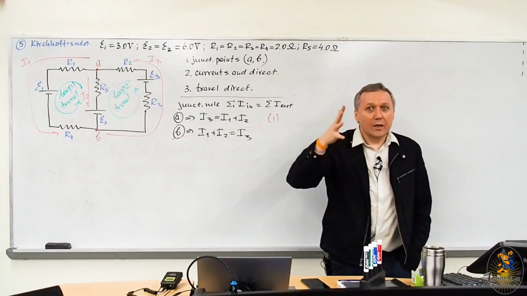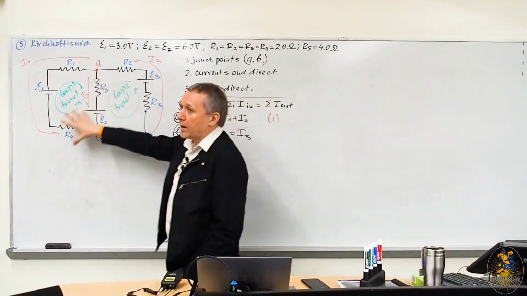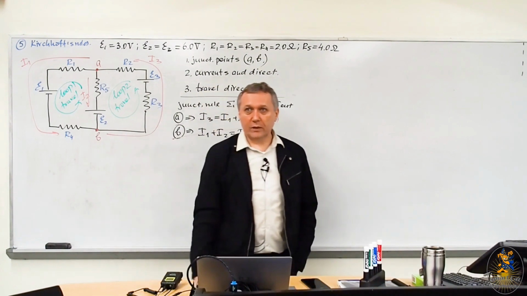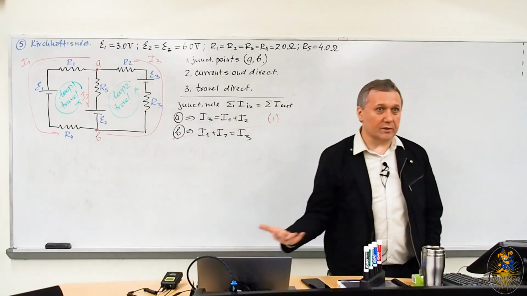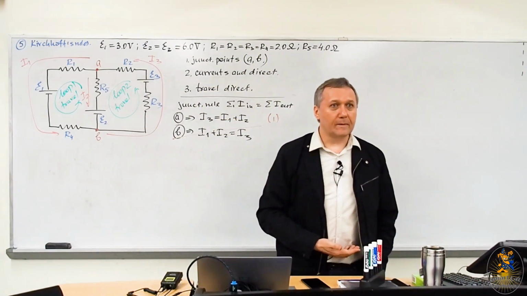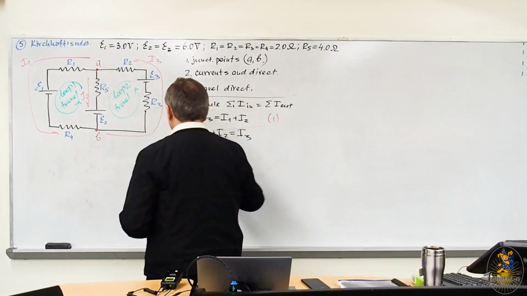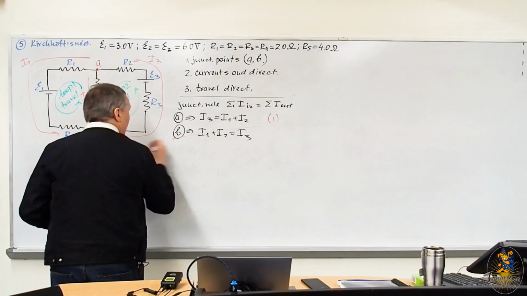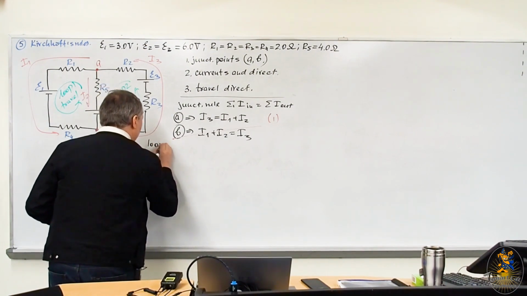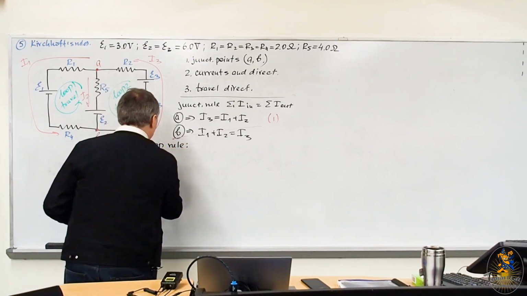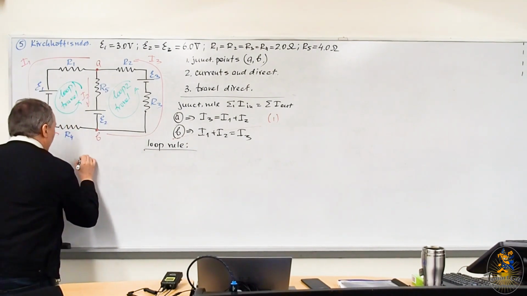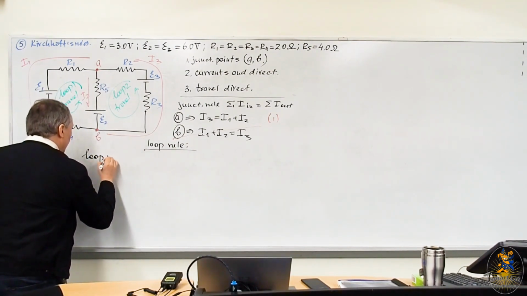No, come on. If we have 3 currents, there must be 3 equations. If you have 6 currents, of course, there must be 6 equations in order to solve the problem. And now a loop rule. Let me write underneath. So now, loop rule. Let's start with loop number 1. Loop 1.